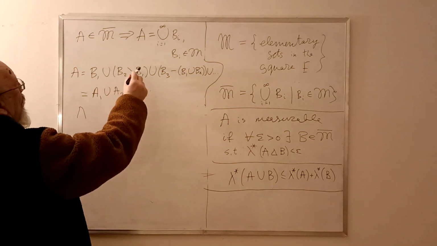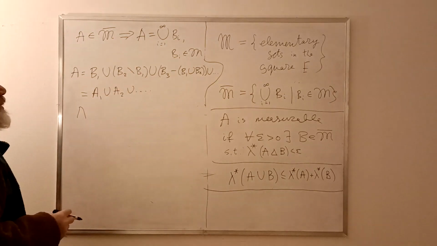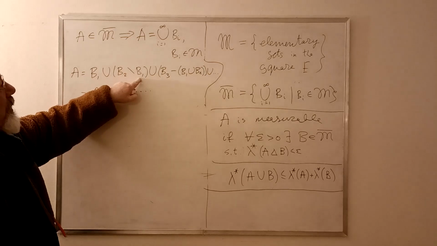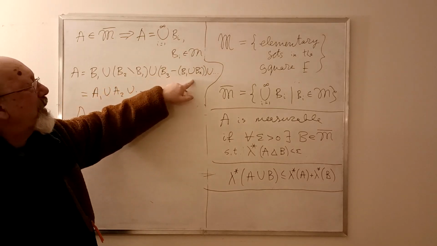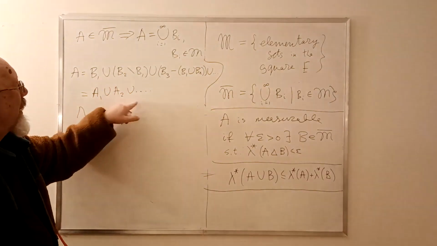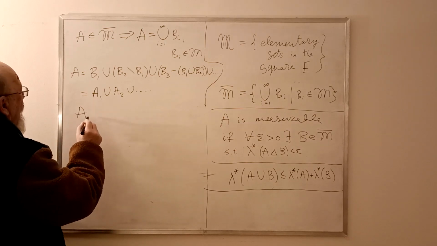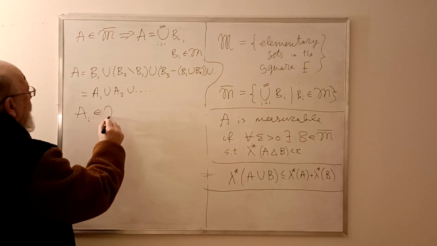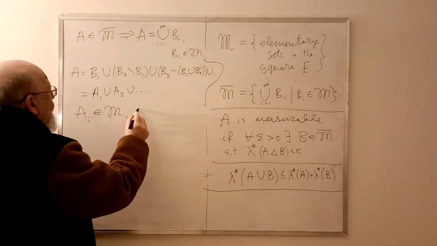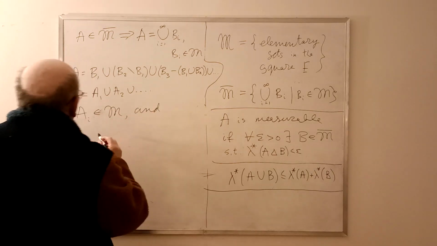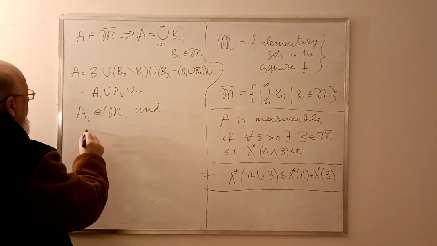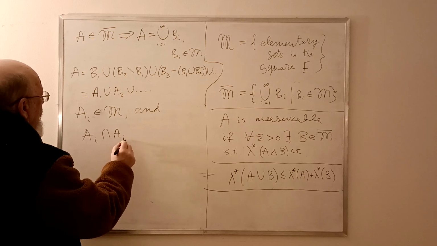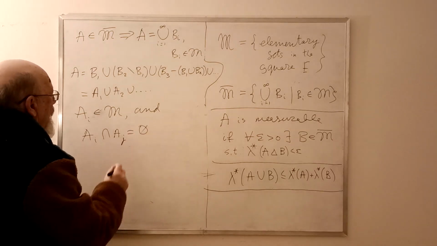Again, this set is also elementary because it is the difference of elementary sets. This is also elementary and so on. So all A_i are elementary, and A_i and A_j are disjoint.